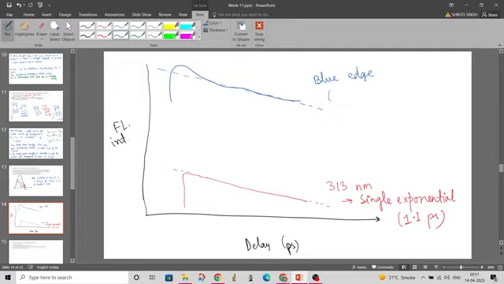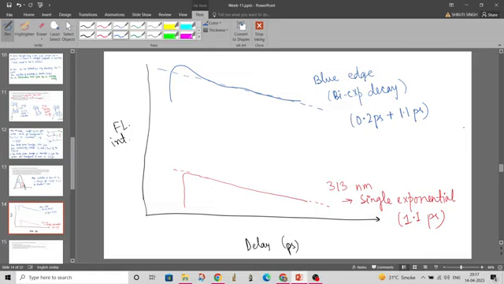So there is S2 to S1 conversion. And this one is bi-exponential. So it has 0.2 picosecond component and the 1.1 picosecond component for the proton transfer. So this is the case for fluorescence intensity.